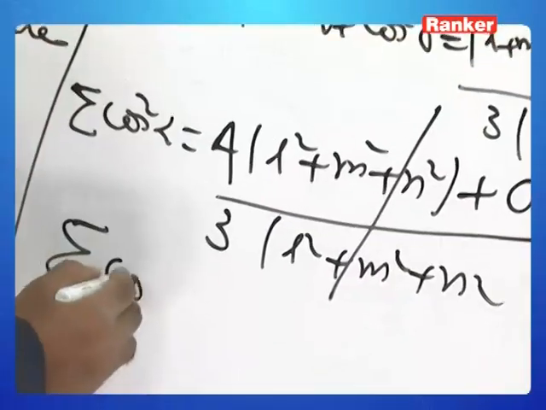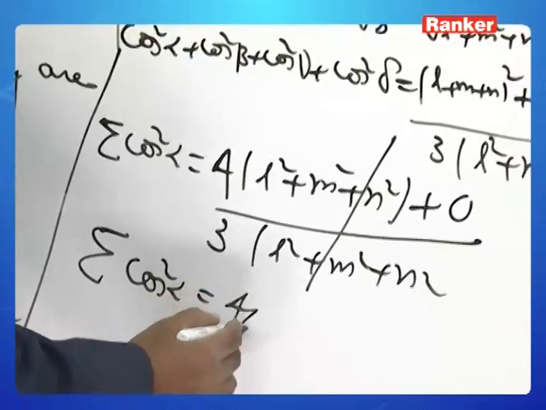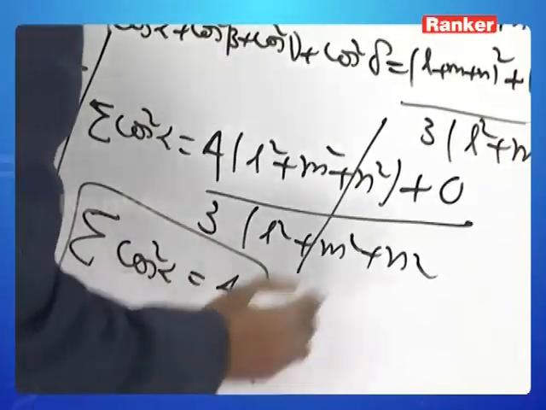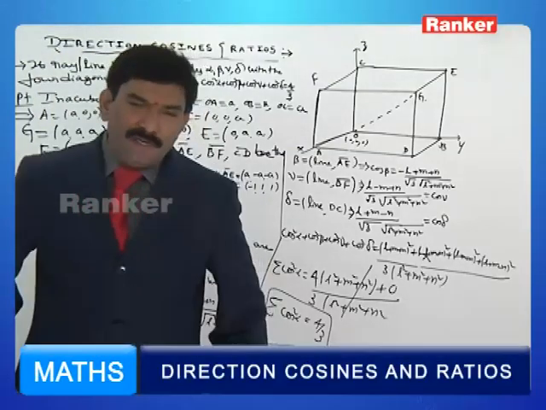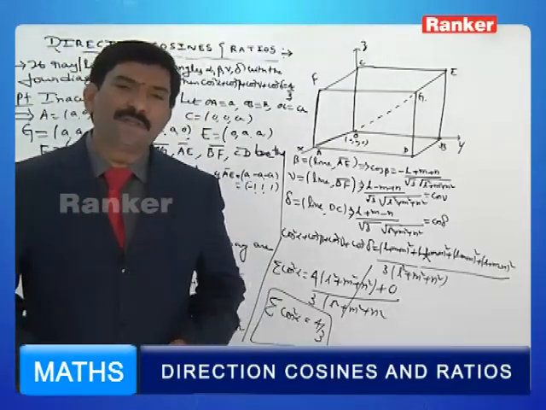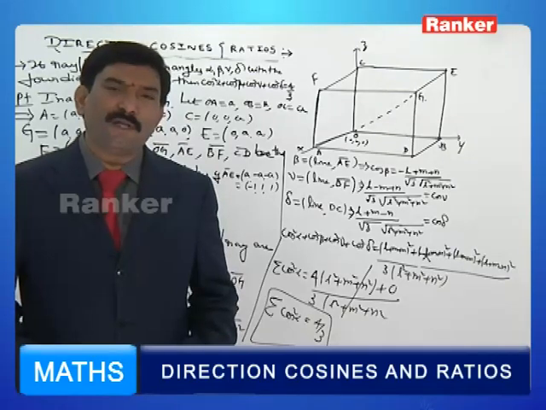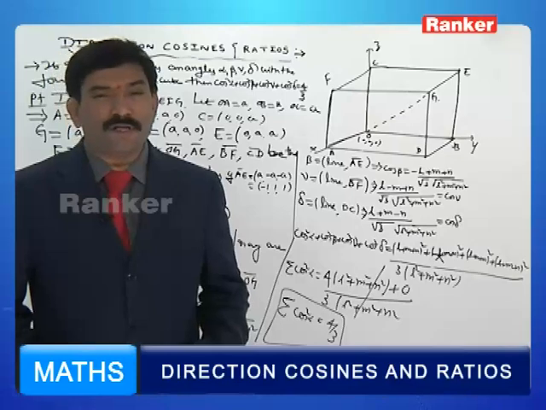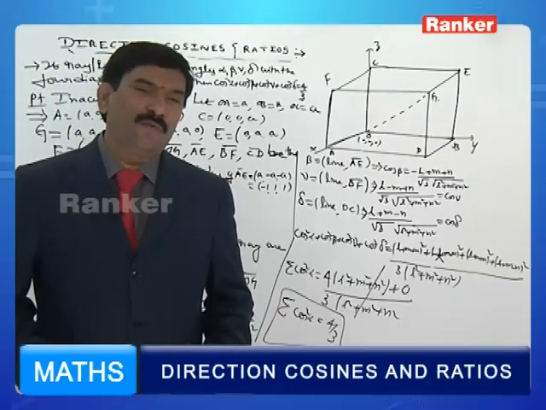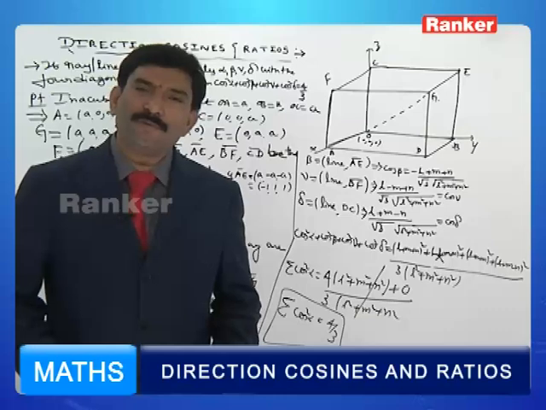Therefore sigma cos square alpha is equal to how much? 4 by 3. Sigma cos square alpha is equal to 4 by 3 means cos square alpha plus cos square beta plus cos square gamma plus cos square delta. What we have proved? 4 by 3.